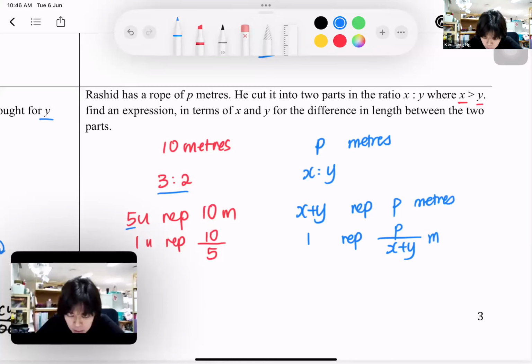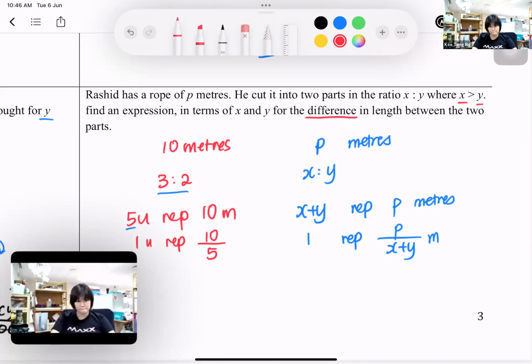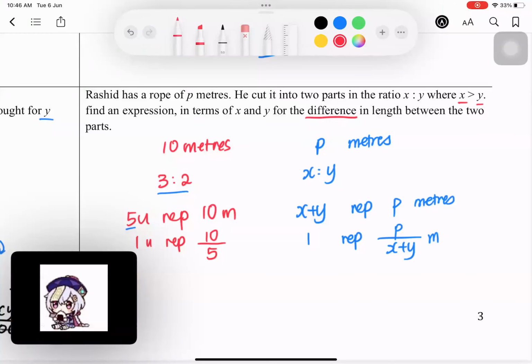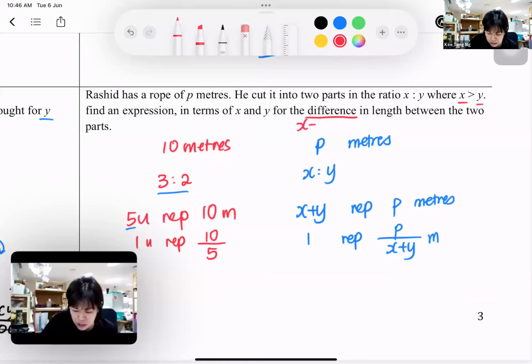Now find an expression in terms of X and Y for the difference. Difference meaning which one minus which one? X minus Y or Y minus X? Which one is bigger? X minus Y. So the difference is actually X minus Y, right?